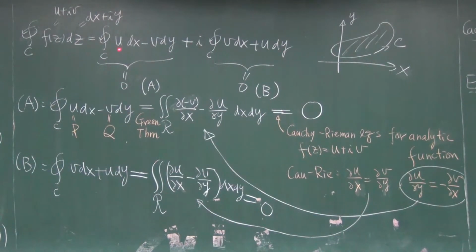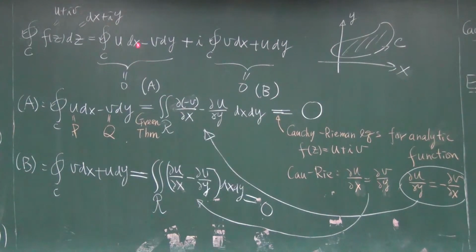Now I want to tell you this integral will be equal to 0, and this integral will be equal to 0 too, if the function f is an analytic function. Let me carry out this calculation carefully.